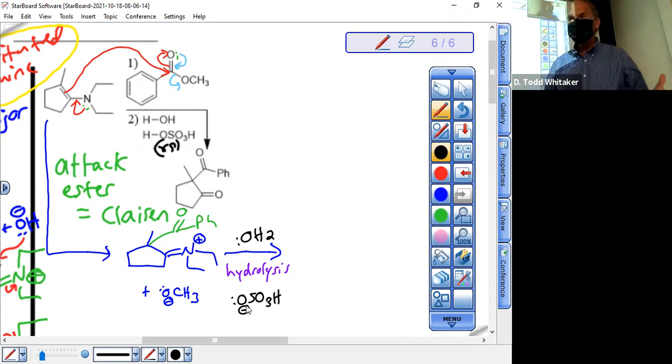Ladies and gentlemen, if you put a strong acid in water, you have more sulfate ion than sulfuric acid, because sulfuric acid reacts with water. There's tons of sulfate ion. Anytime you have a strong acid, you can just use its conjugate base without even showing me it being made.